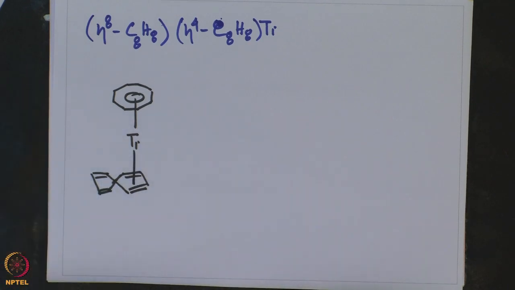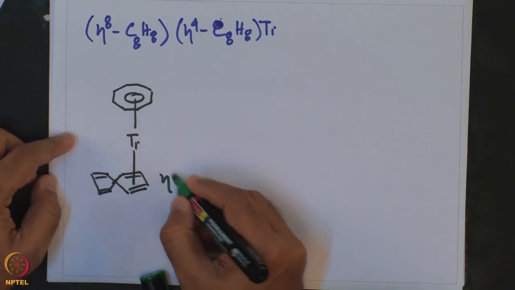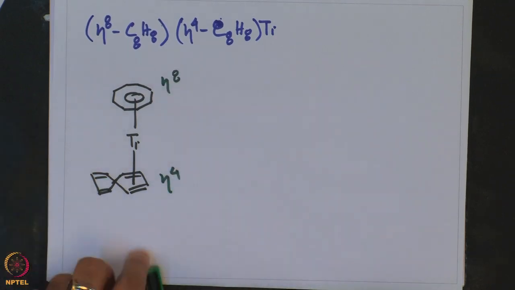So, the bottom one is bound in an eta 4 fashion, whereas the top one is in eta 8 fashion.